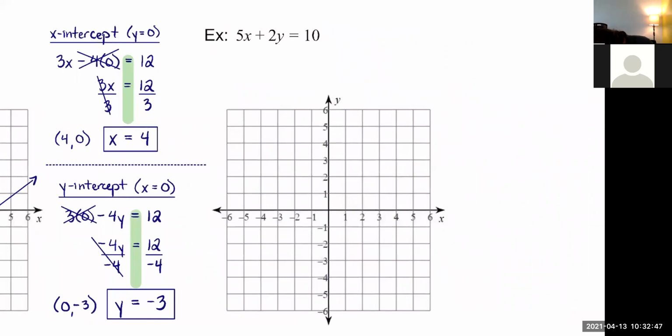2 points. We're looking for the x-intercept and y-intercept again. So I'm going to set up my little workspace here. I'm going to start with the x-intercept first again, which tells me that y has to be 0. So in this equation, I'm going to have 5x plus 2 times 0, as I swap out the y, equals 10.